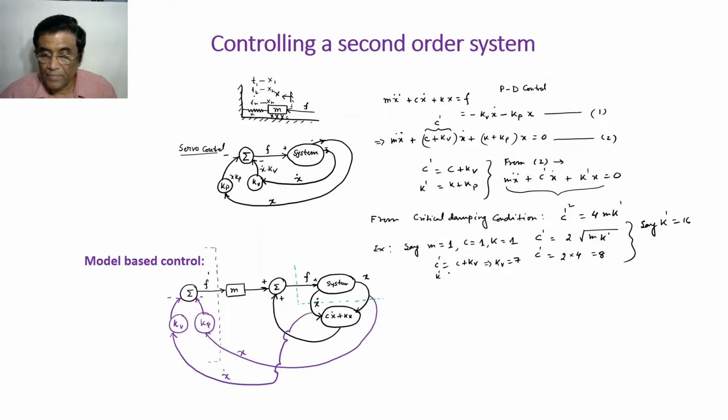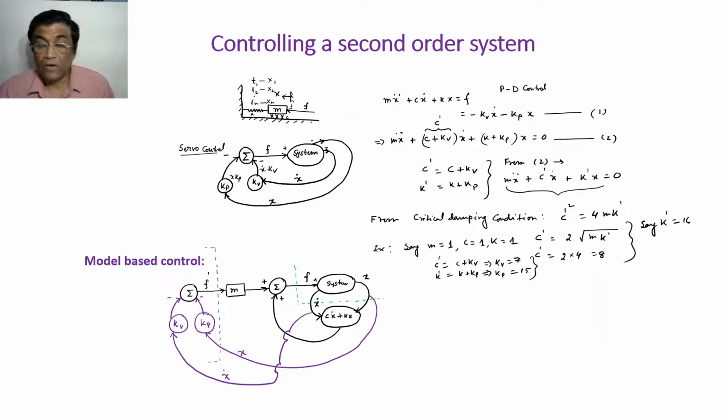Then K prime equals K plus Kp, with K equal to 1, so Kp will be 16 minus 1, that is 15. So these are my gain parameters.